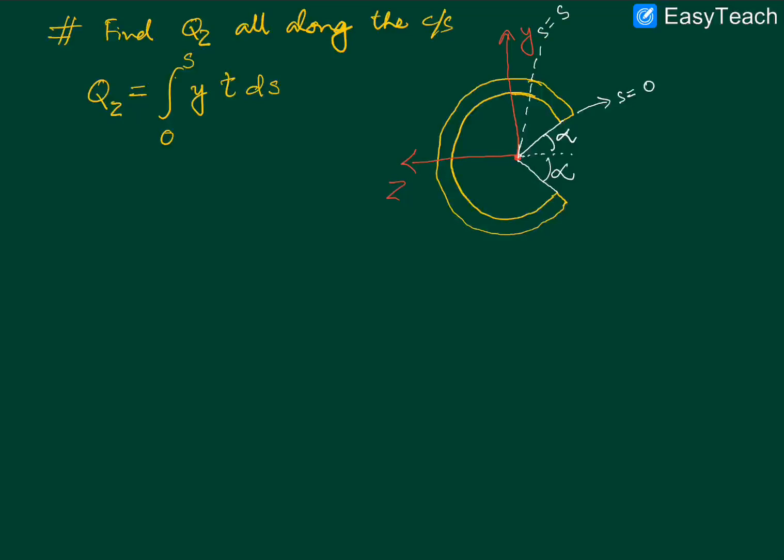So we are basically looking at a generic bit of the cross section which is like this. As I move along the cross section like this, the area that will be covered will keep on increasing until I reach here, where it will be the maximum.